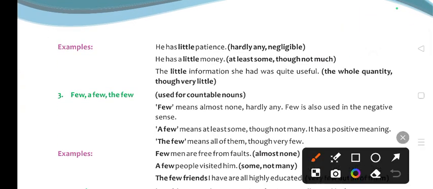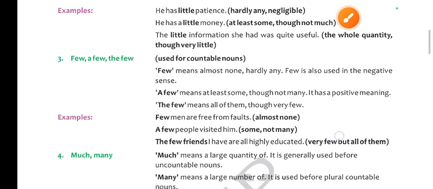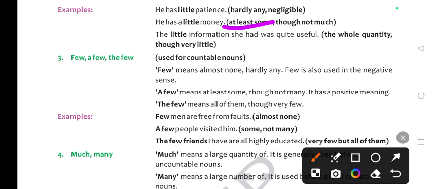Examples: he has little patience, it means it's negligible or hardly any. He has a little money, at least some money. The little information she had was quite useful, the whole quantity, though very little.